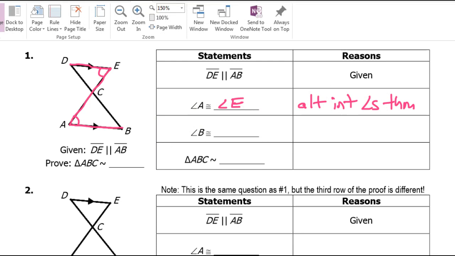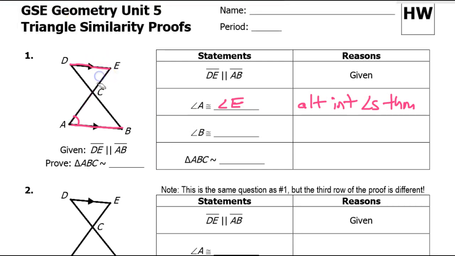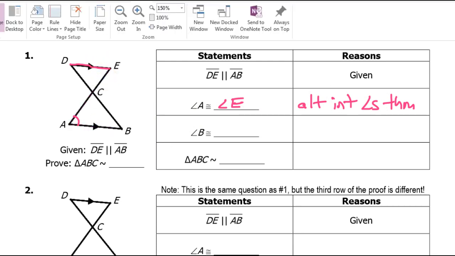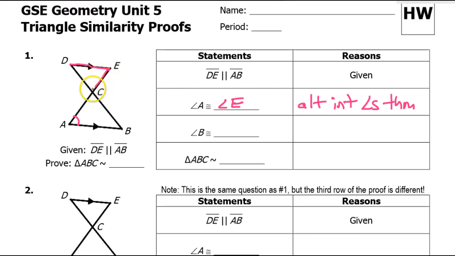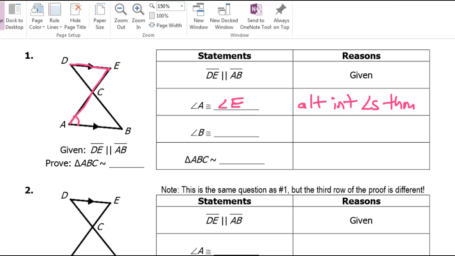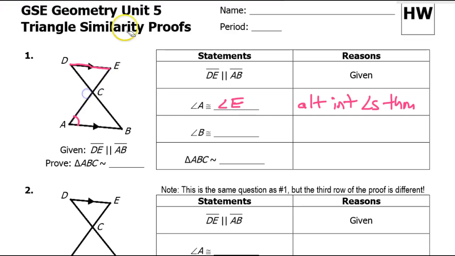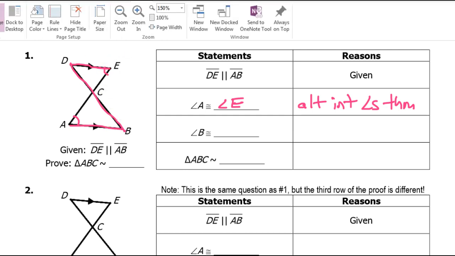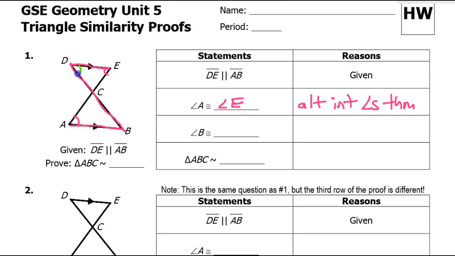But it doesn't have to be a proper Z. It could be a backwards Z. Wait, I erased too much. If I look at the other transversal forming this backwards Z, those are still there, I'm going to get another pair of alternate interior angles.